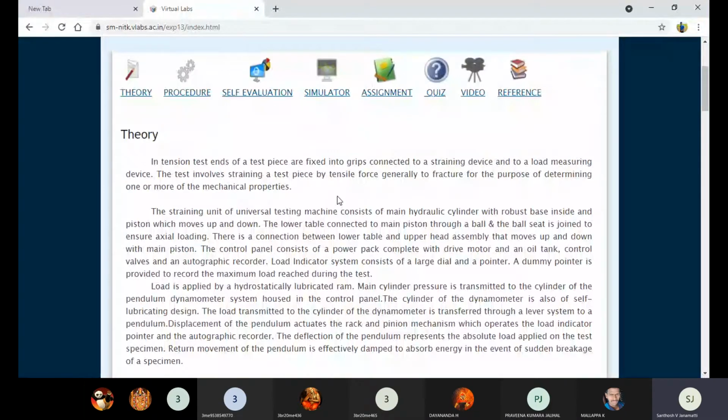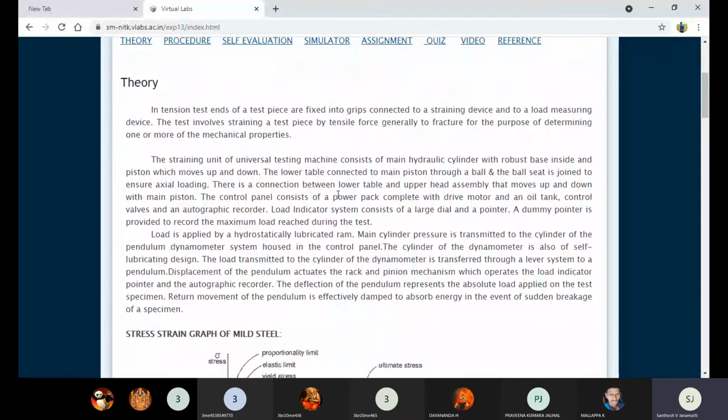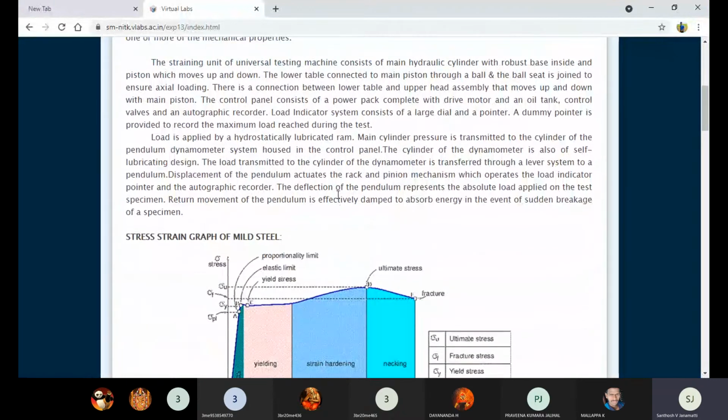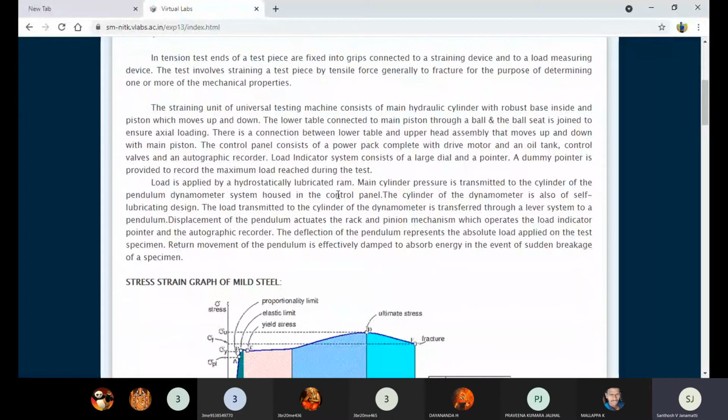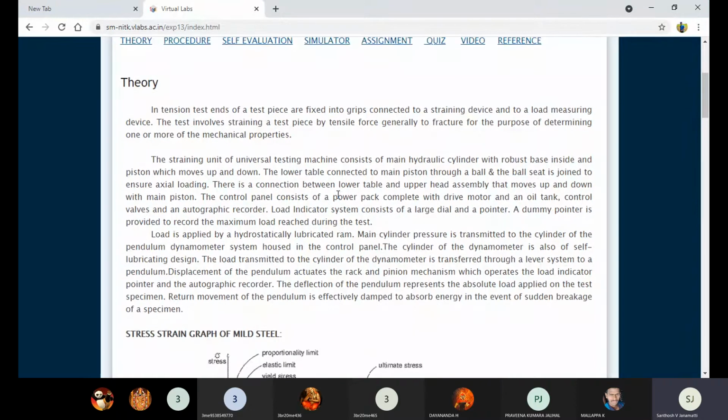Please answer my question. Because you know very well about the tensile strength and tensile load, how it acts upon the material, and what will be the direction of the tensile loads.